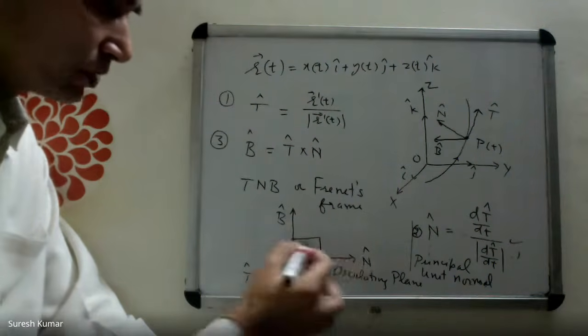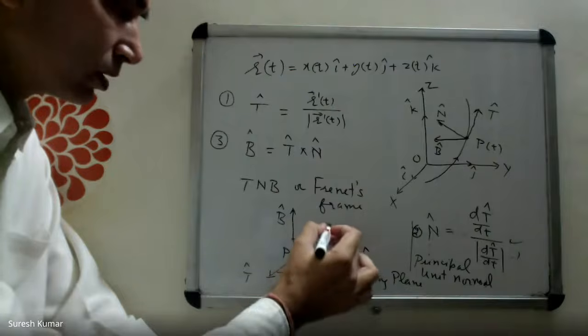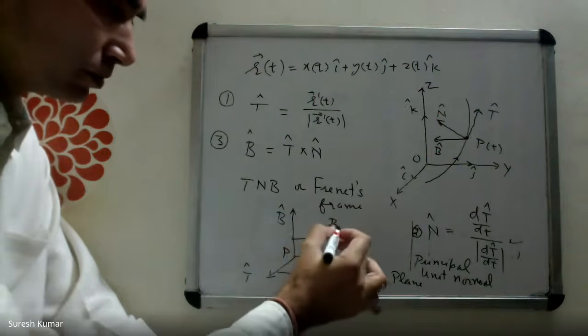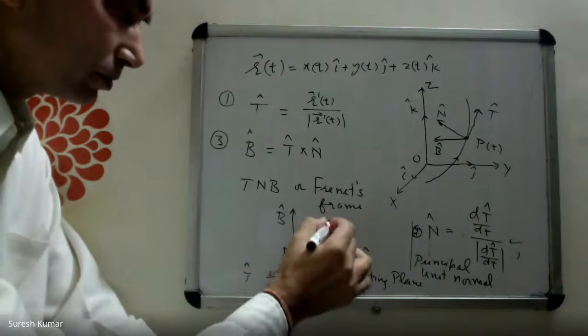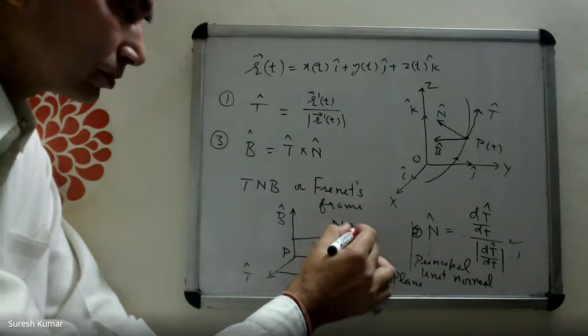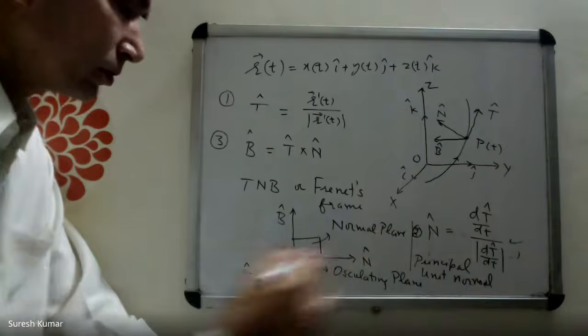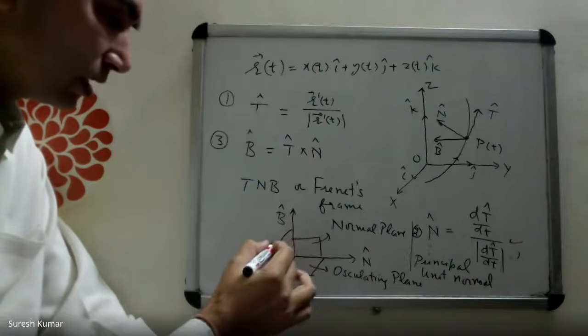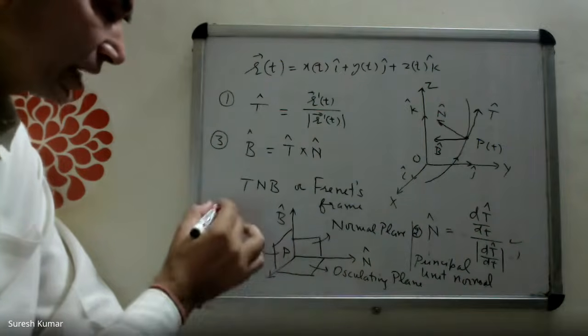The plane of N cap and B cap is called the normal plane. And the plane of B cap and T cap is called the rectifying plane.